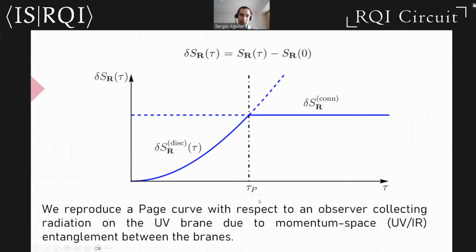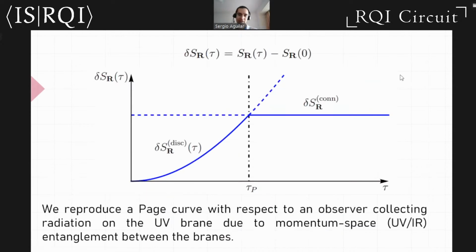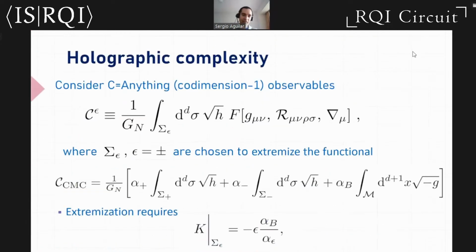And then there is an interpretation that now we can see there is some island phase, the one connecting the two branes, which represents some connection between the UV and the IR locations of the modes. This is also related to some previous work about the momentum space entanglement between different spaces. In principle it was using some free theories, but it also has some generalization to interacting ones.